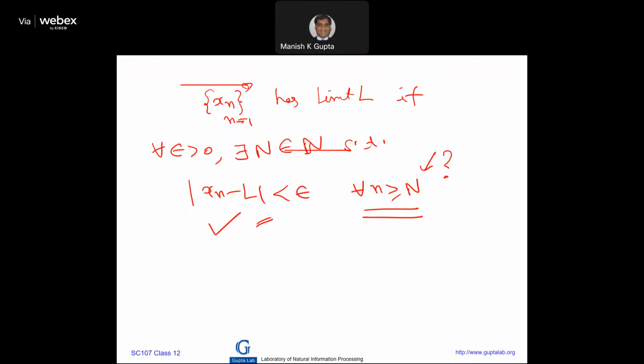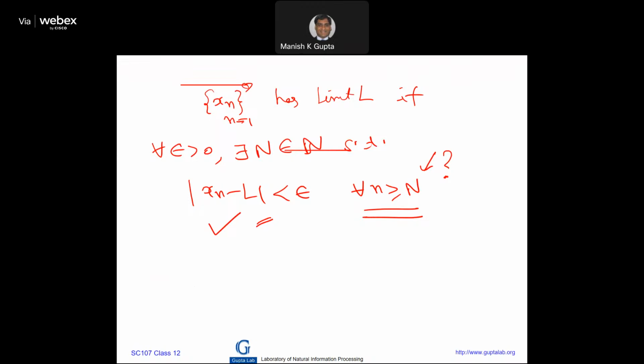Any idea what will happen if epsilon is too small? The value of N will be large. Very good. And similarly, if epsilon is very large, then N will be small. So basically this variation is important, and I think you understood this concept.